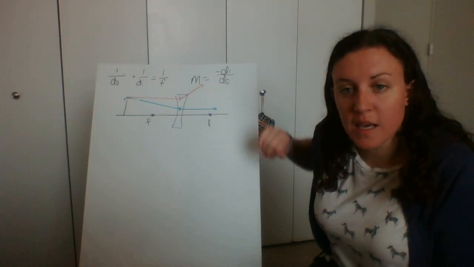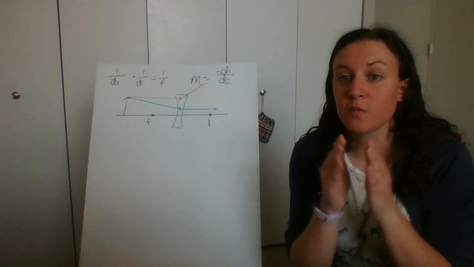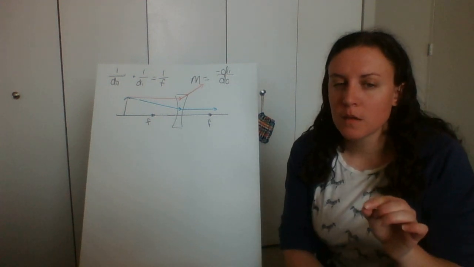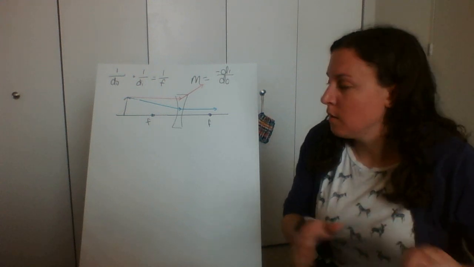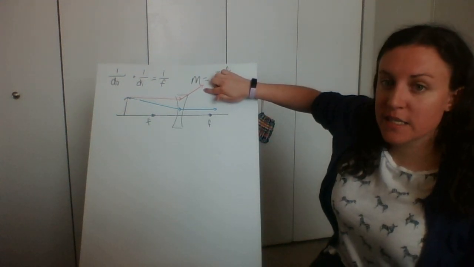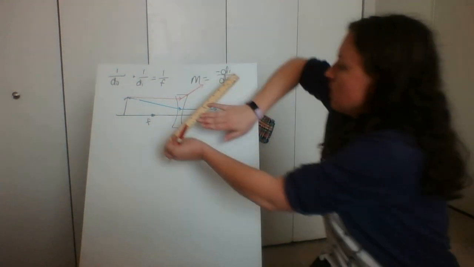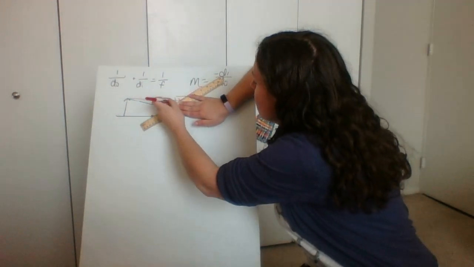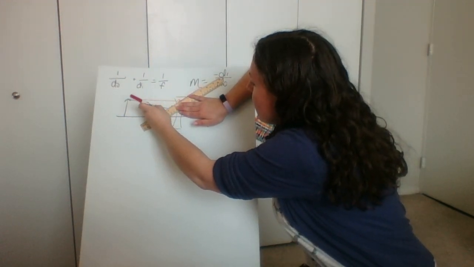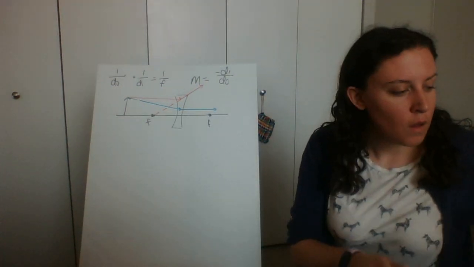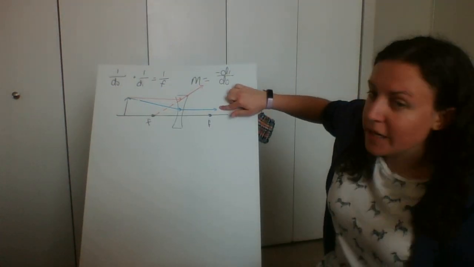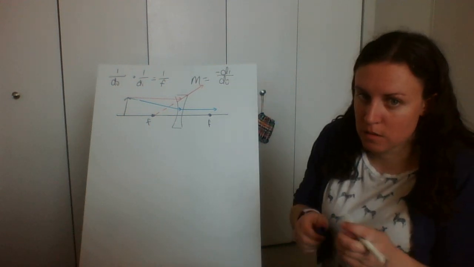Now you'll notice, again, these do not intersect. So we have to take our refracted rays and bring them back. For our red line, this one up here is refracted. We're going to bring that one backwards. Again, we need to make sure we're doing a dotted line. Our blue line, this one right here, is the refracted ray.